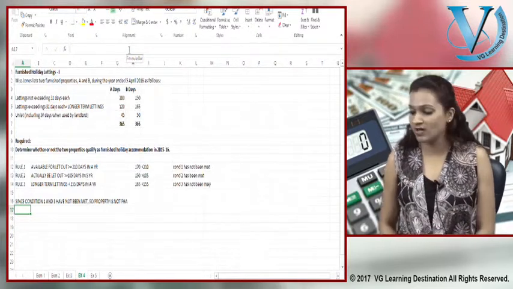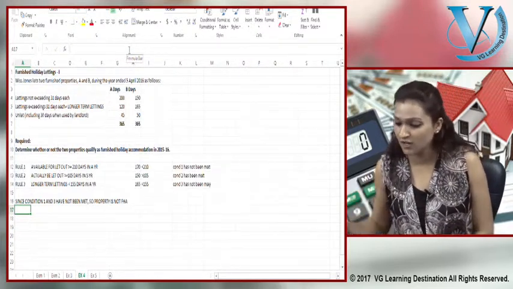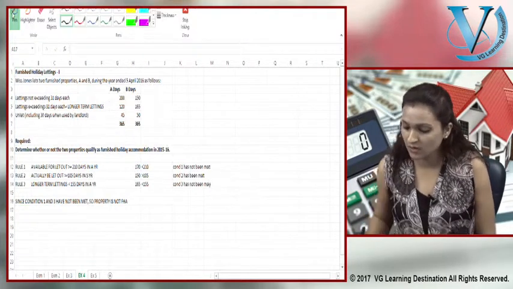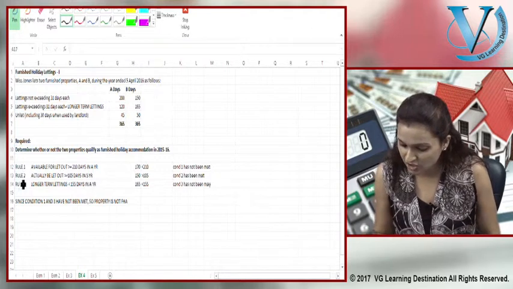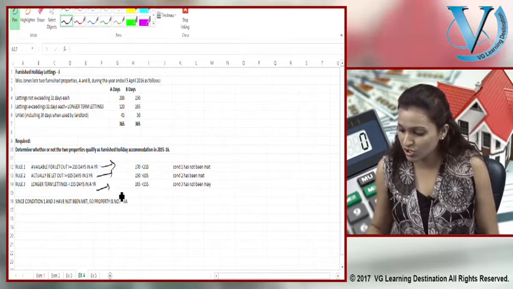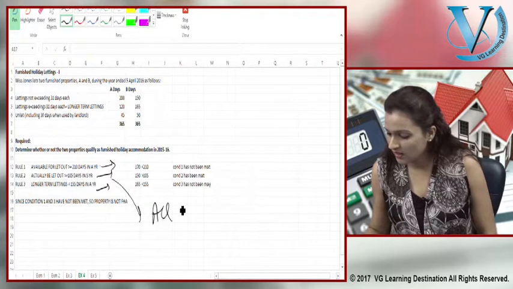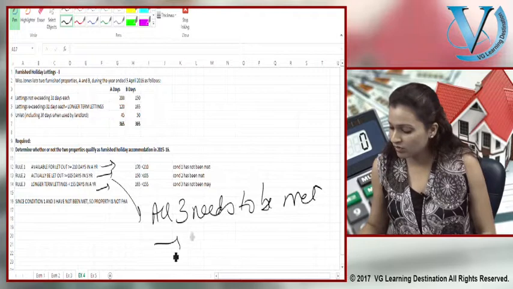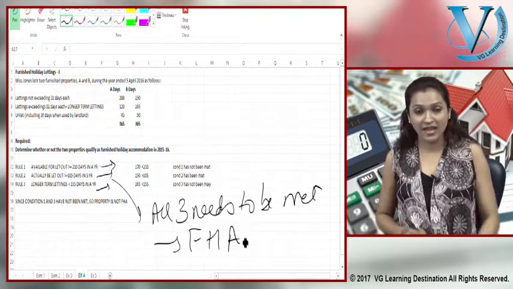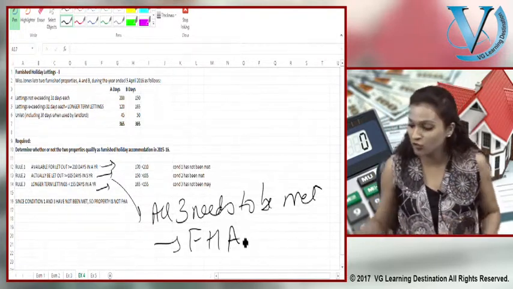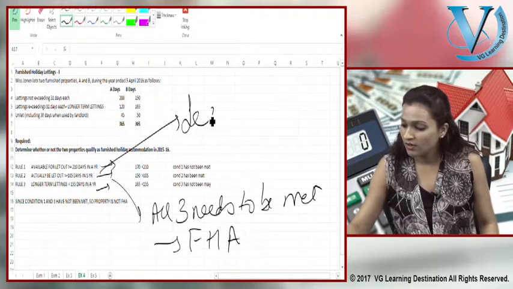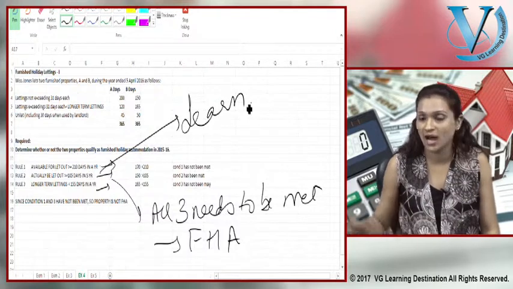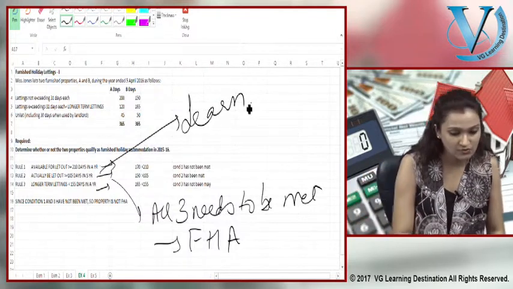However, property A was able to fulfill all 3 conditions, so definitely yes, it was a FHA. So the 3 conditions, rule 1, rule 2, rule 3, all 3 need to be met for the property to classify as a FHA. So make sure that you do not get confused. You need to learn these rules because they would not be provided to you in your rates and allowances sheet. Now let's move forward.